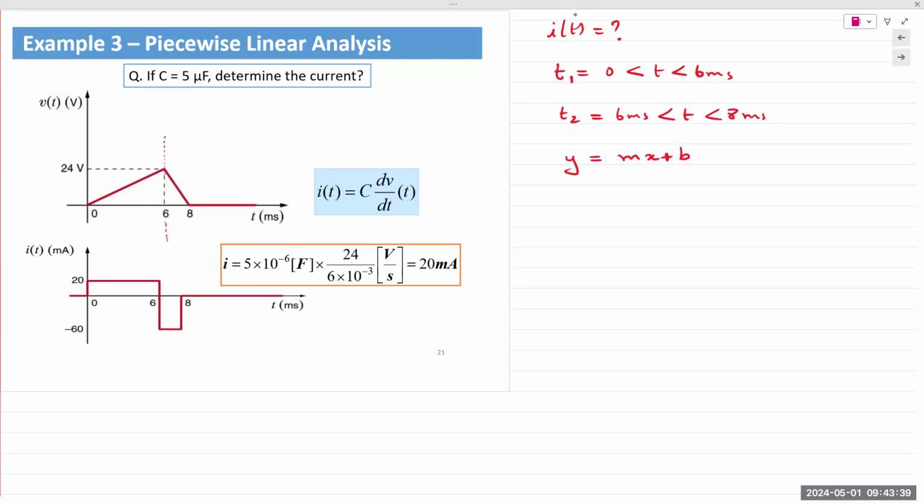And second, M is the slope. We are given the voltage. If you take one piece of that voltage, describe it as a line, and the x-axis is time, then the slope of the line automatically gives us the value for dV over dt.